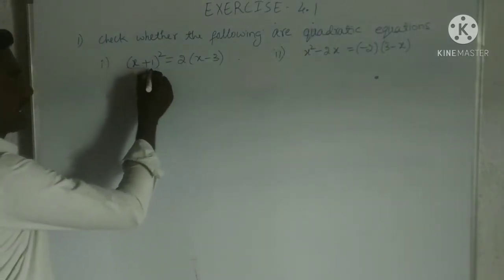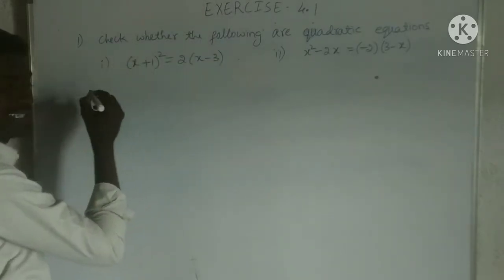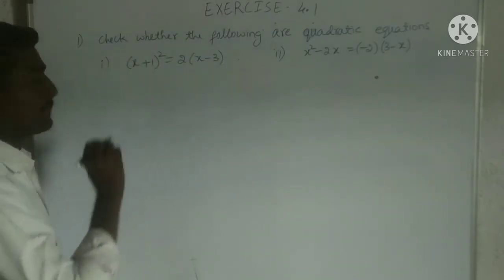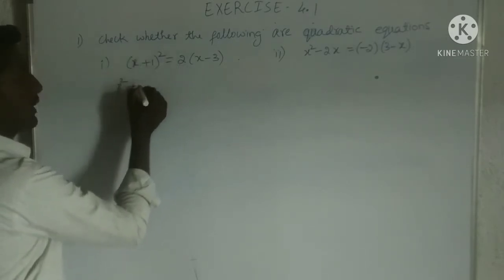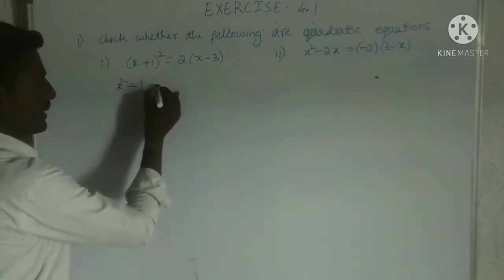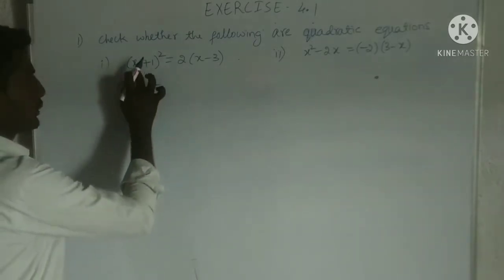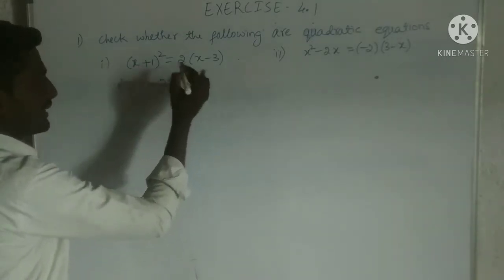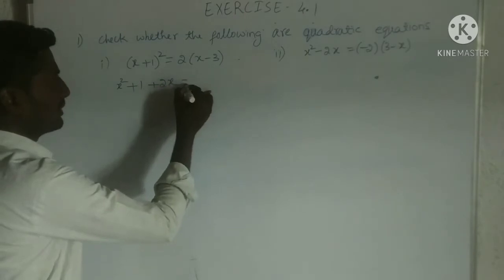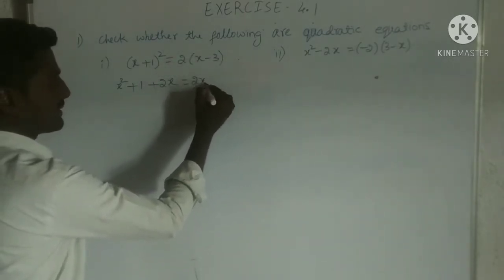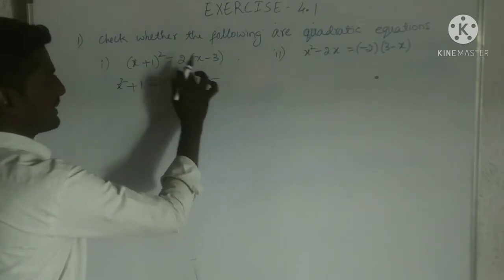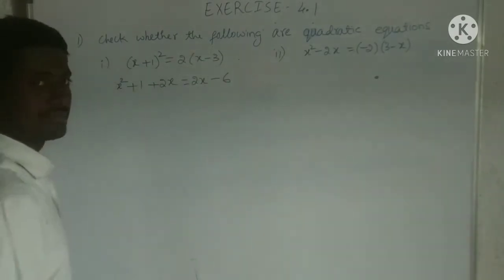So it is of the form a plus b whole square. It means a square plus b square plus 2ab. That is x square plus 1 square, which is 1, plus 2ab, 2 into x, that is 2x, is equal to, now multiply this, 2 into x is 2x plus, minus 2 threes are 6.